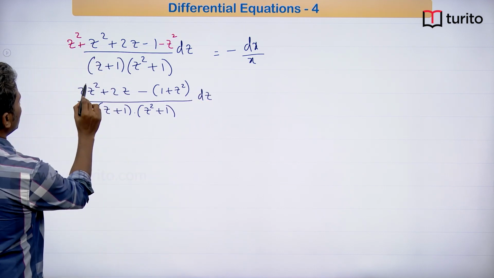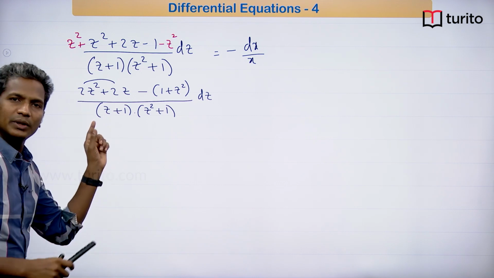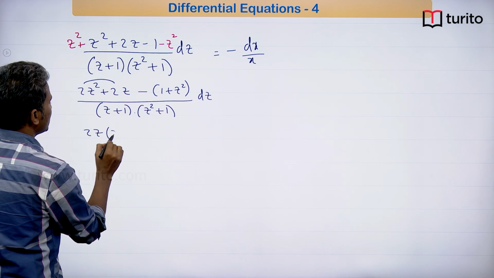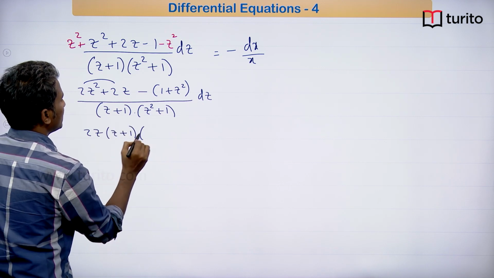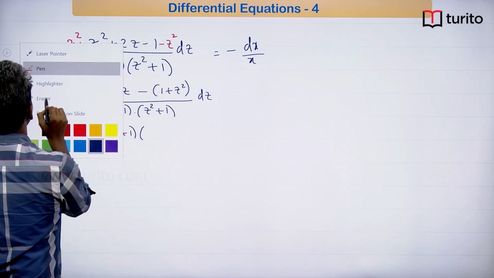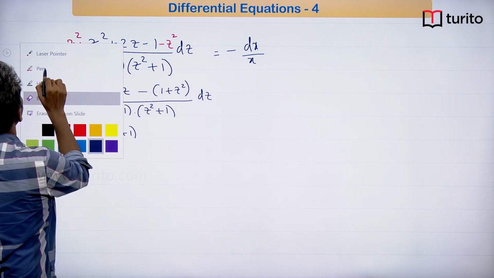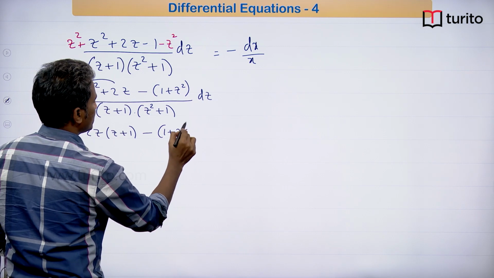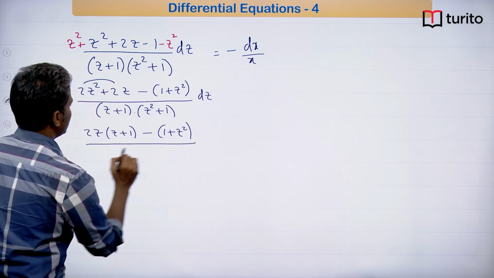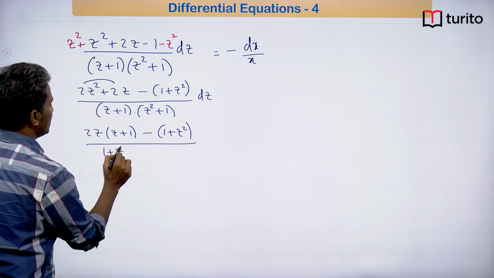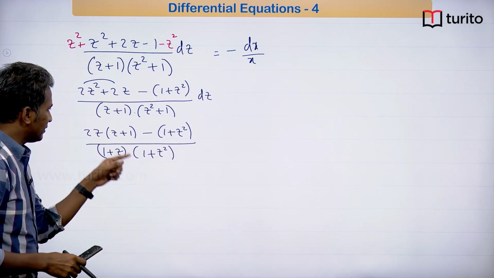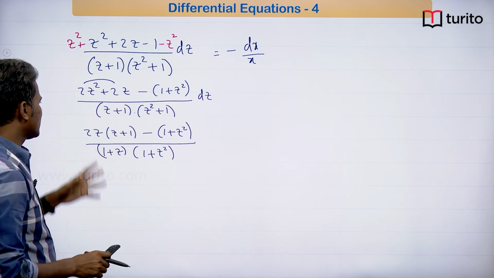Here I notice that if I take 2z common, I am also getting z plus 1 here. So, 2z into z plus 1 minus 1 plus z square, divided by 1 plus z into 1 plus z square. Now, see if there are any terms which are getting cancelled here.